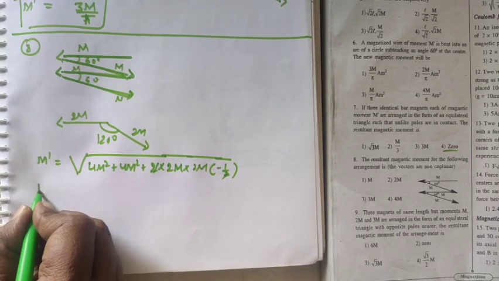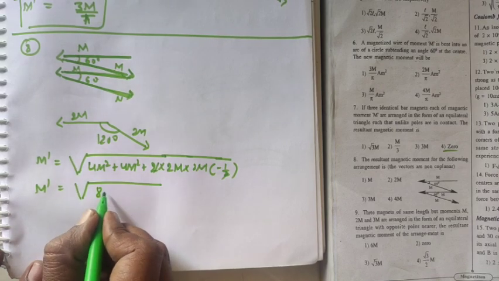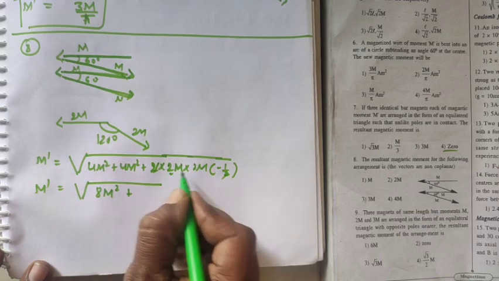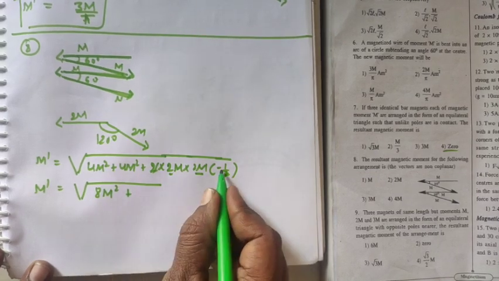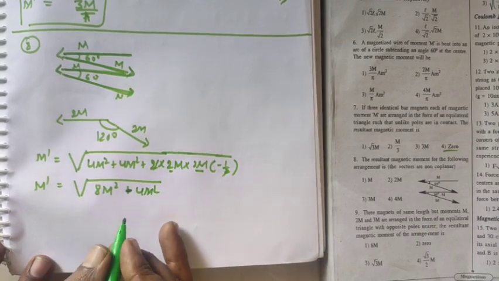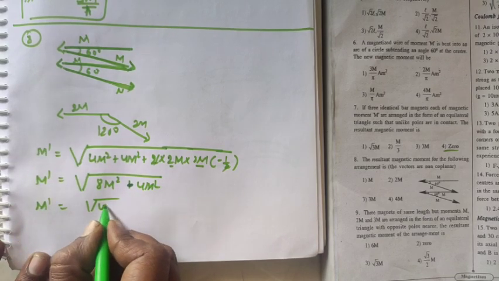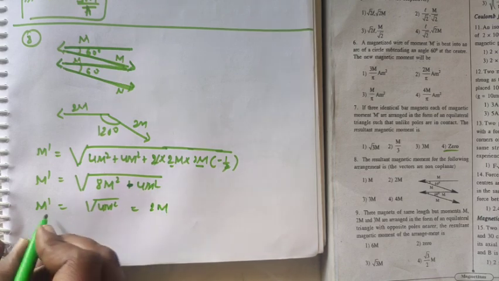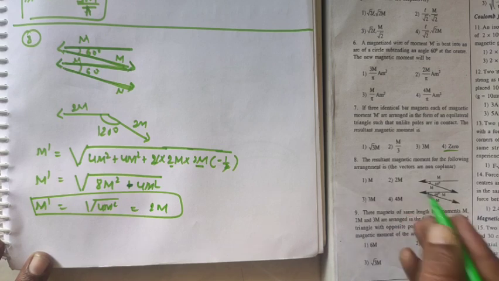This term will get cancelled out. M dash is equal to the square root of 8M square plus 4M square, sorry, 2M into 2M, 4M. Here minus sign is there. So minus of 4M square here. 8M square minus 4M square, square root of 4M square, which is equal to 2M we can consider. What is our answer? So our answer is 2M here.